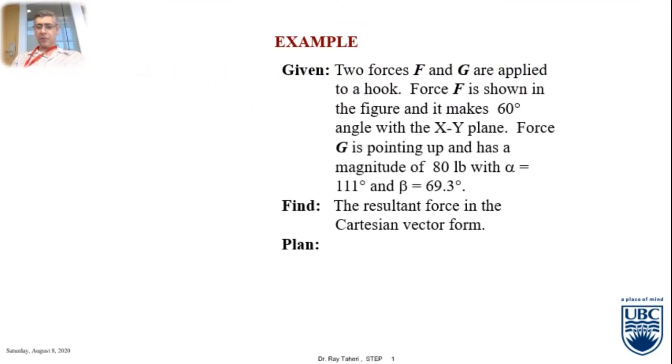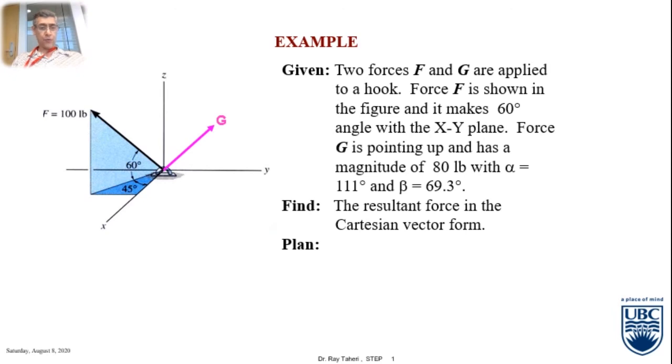Let's have another example. So we have two vectors. We have vector f, as you can see here, and vector g as in George.